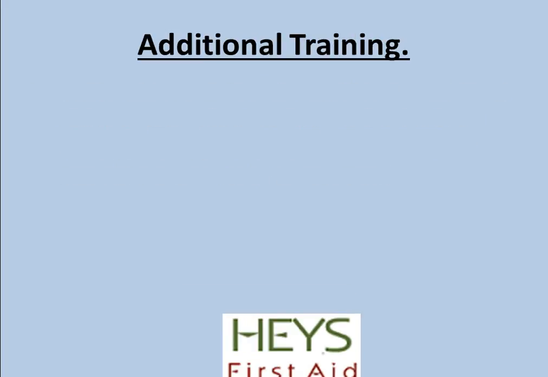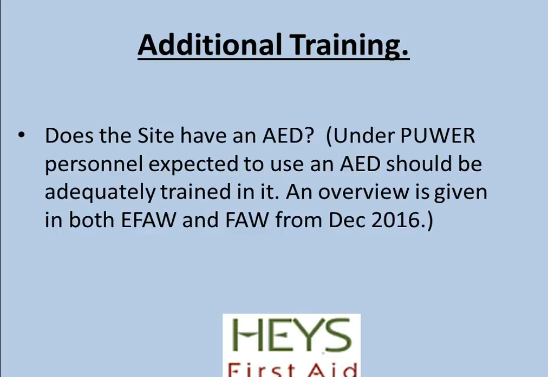Let's look at some additional training. These notes were mainly from the First Aid Bulletin of June 2016, but also from Resuscitation Council Guidelines of 2015. First thing to raise is the Automatic External Defibrillator, or AED.